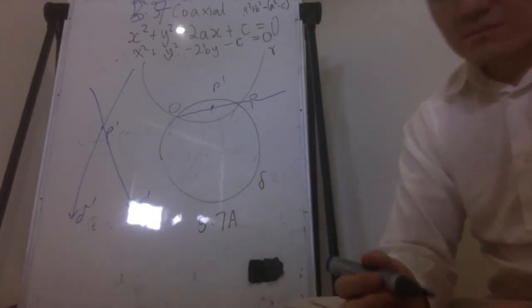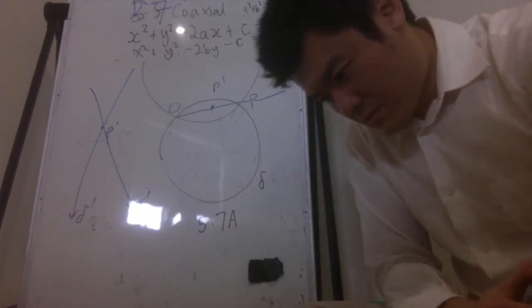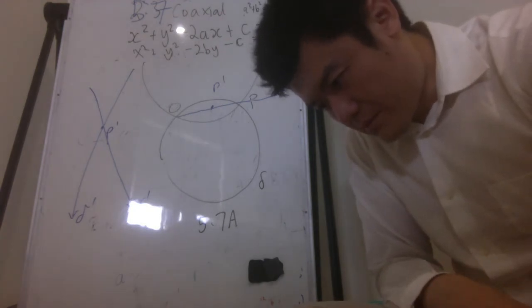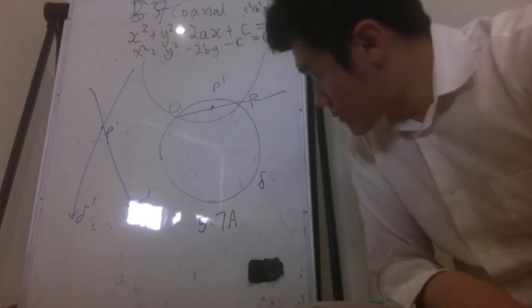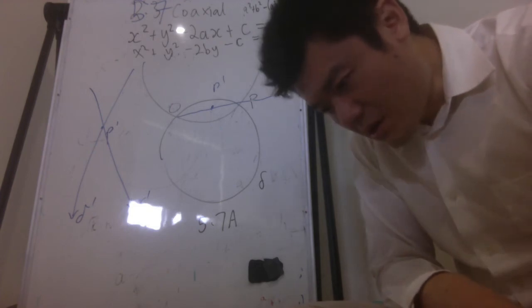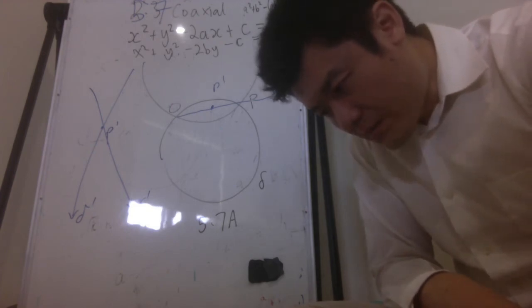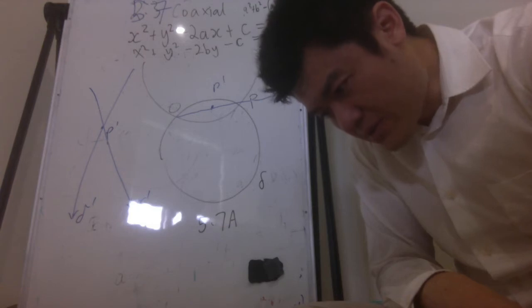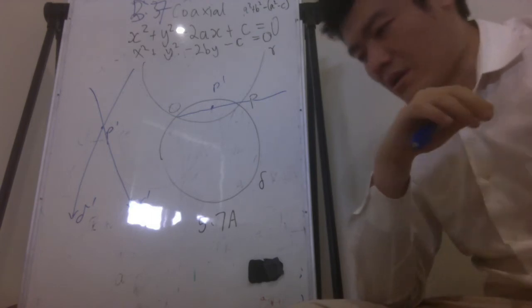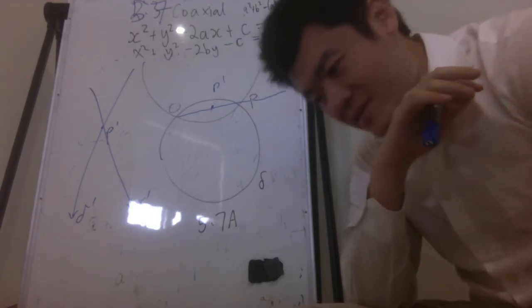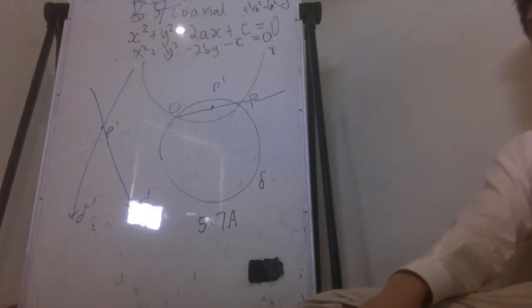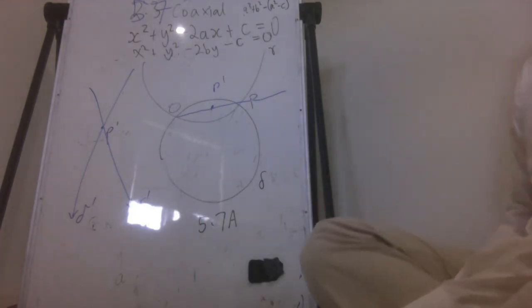Now, the circles orthogonal to these two lines are a pencil of concentric circles with center P prime, orthogonal to both lines.